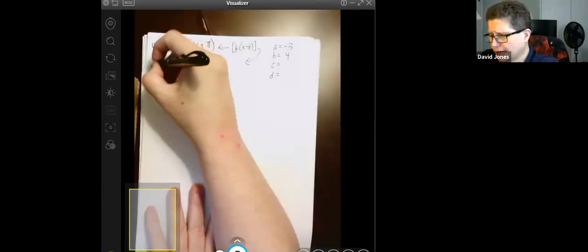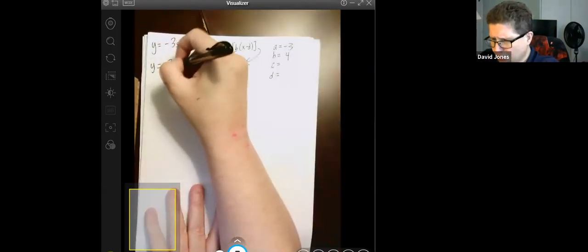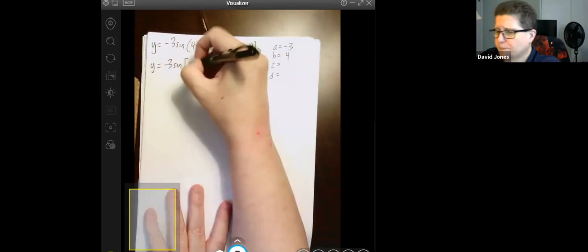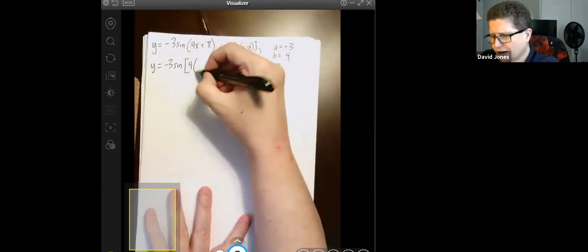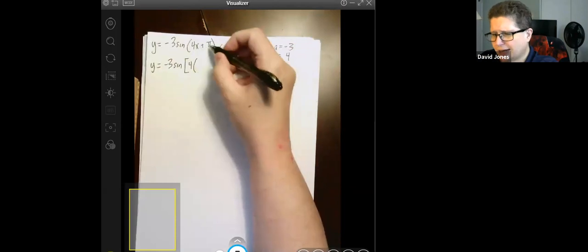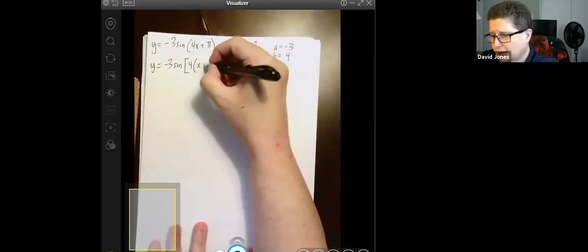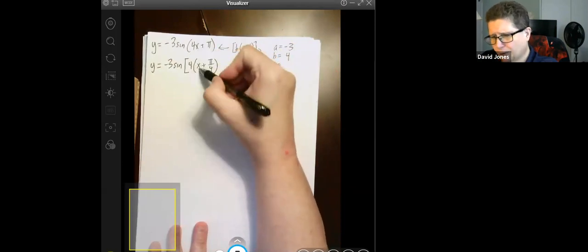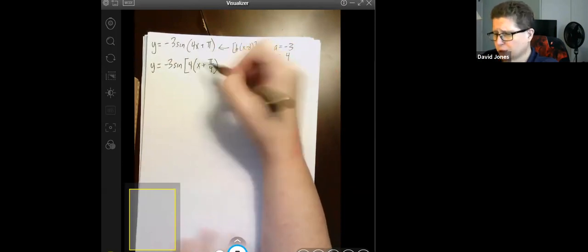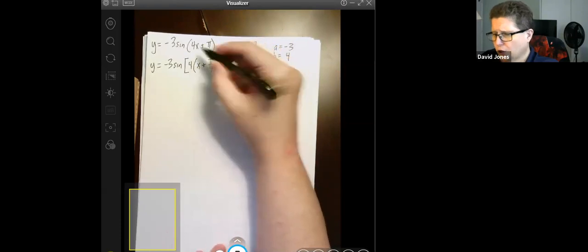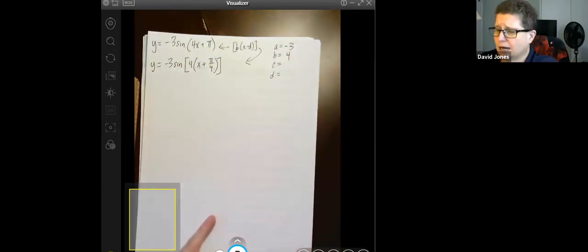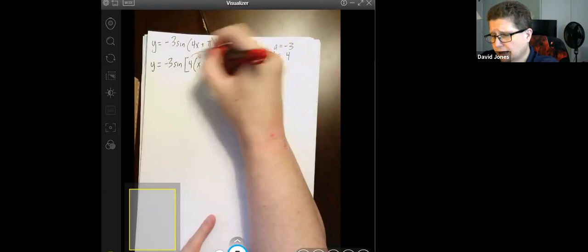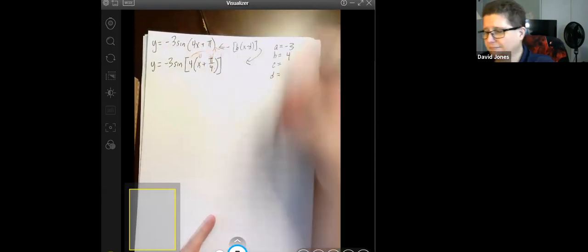The way we do that is you factor out the 4. Remember, when you factor out a number, you're basically dividing everything on the inside by it. 4x divided by 4 is x. Pi divided by 4 is pi over 4. You can always check to make sure you did it right by redistributing. Does that get you that? Yes, it does.